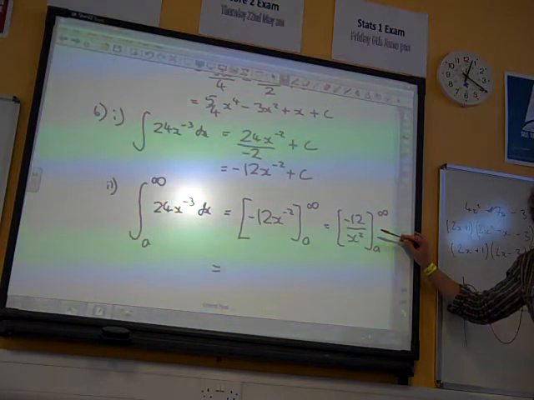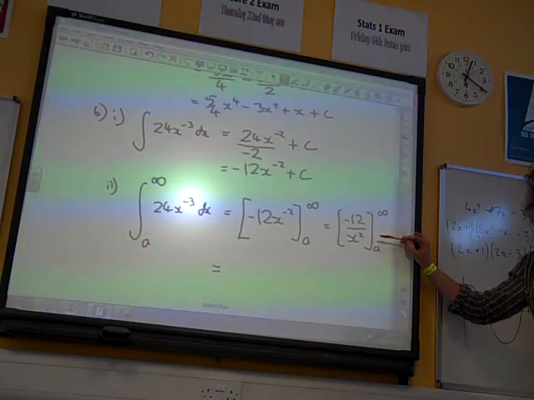If you square a massively big number, what happens to it? It gets bigger. If you divide 12 by a number that's so big that you can't even really imagine it, and then you square it, that's 12 divided by something incredibly large. That is so close to 0 as to make no difference, isn't it?